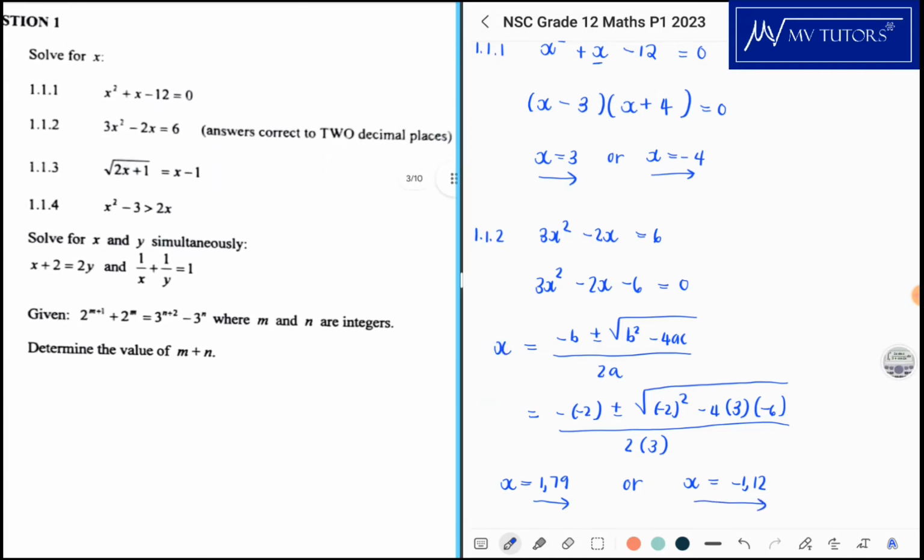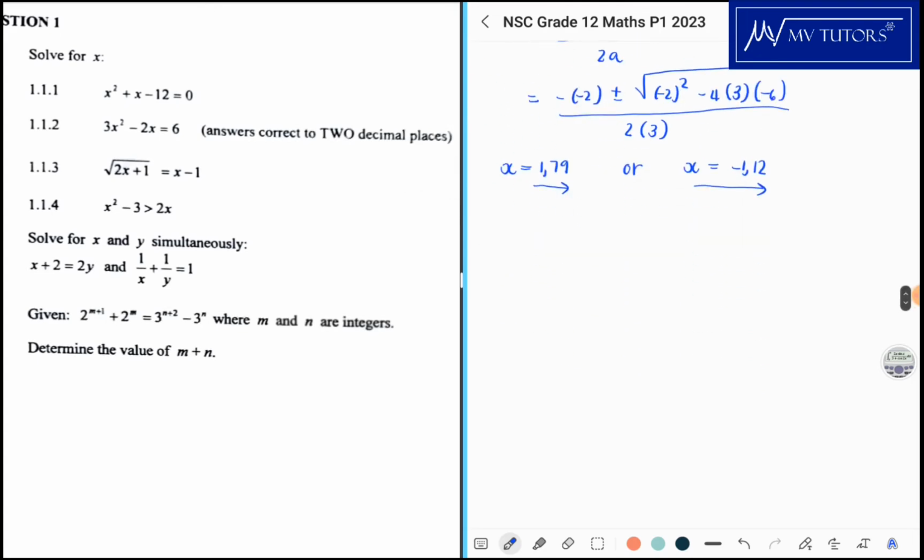Now we're going to 1.1.3. By the way, this is the section where you should please also work on your speed. Just make sure that you are calculating accurately but fast as well. So what do we do with the sum? Let us square both sides.